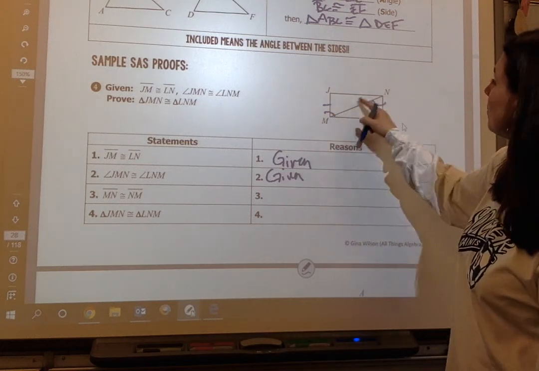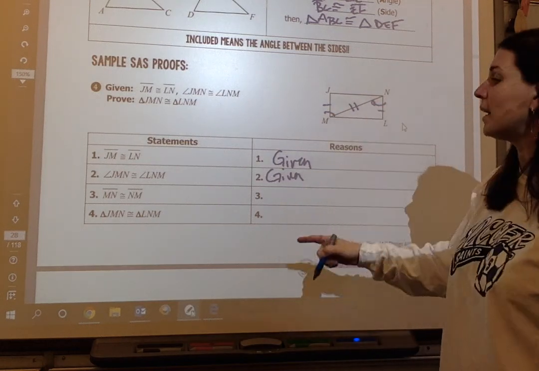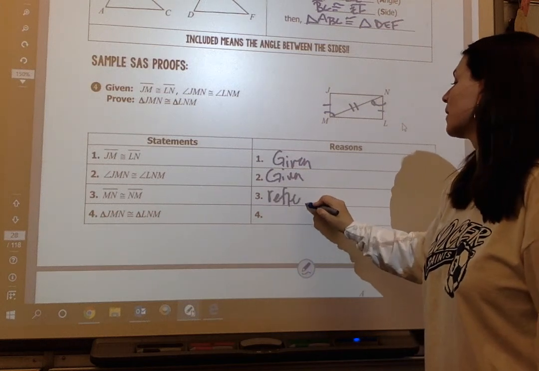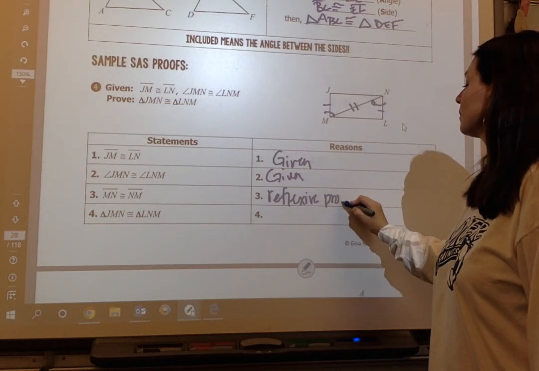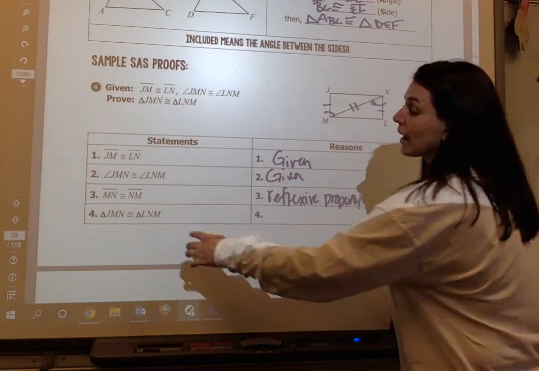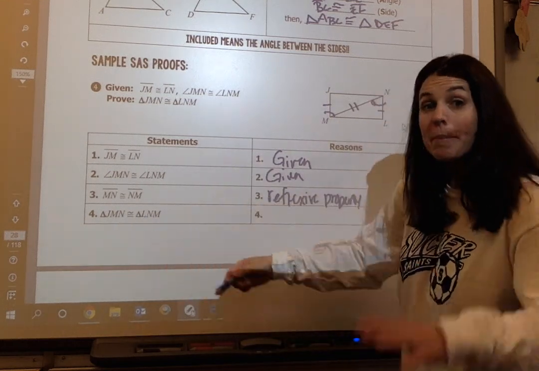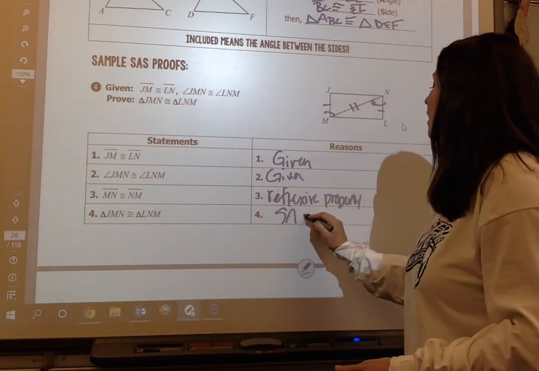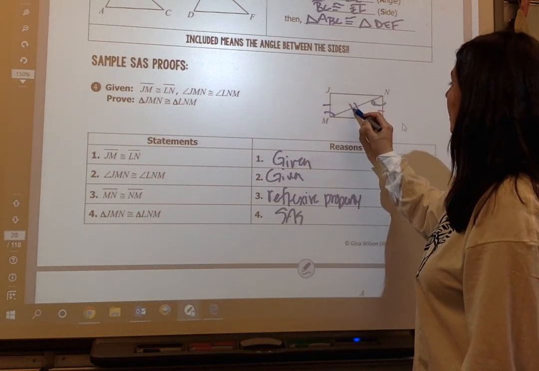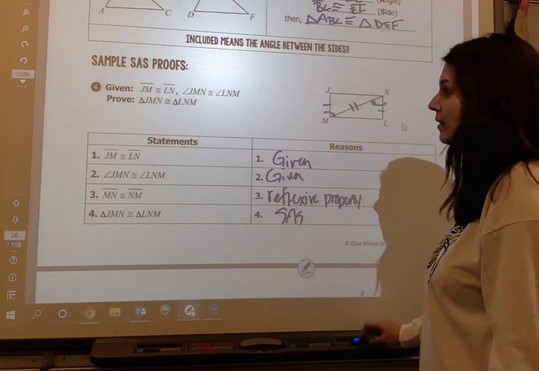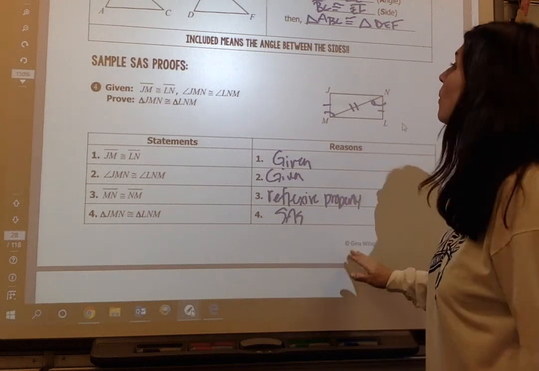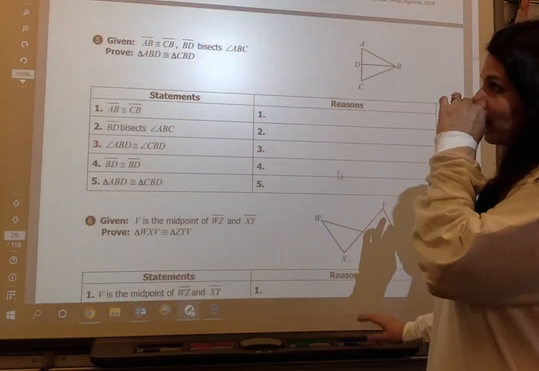I can say that MN is congruent to MN because of the reflexive property. And now I can say triangle JMN is congruent to triangle LNM because of side, angle, side. I have a side, an angle, and a side. That's what I mean by that included angle. All right, let's look at another one. Number 5.